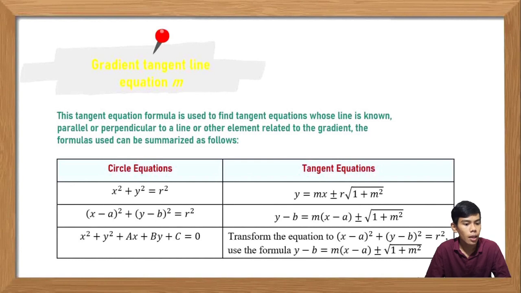And the last one, if the circle equation is x squared plus y squared plus ax plus by plus c equals 0, we must transform the equation to (x minus a) squared plus (y minus b) squared equals r squared, and then use the formula y minus b equals m times (x minus a) plus or minus r times the square root of 1 plus m squared.